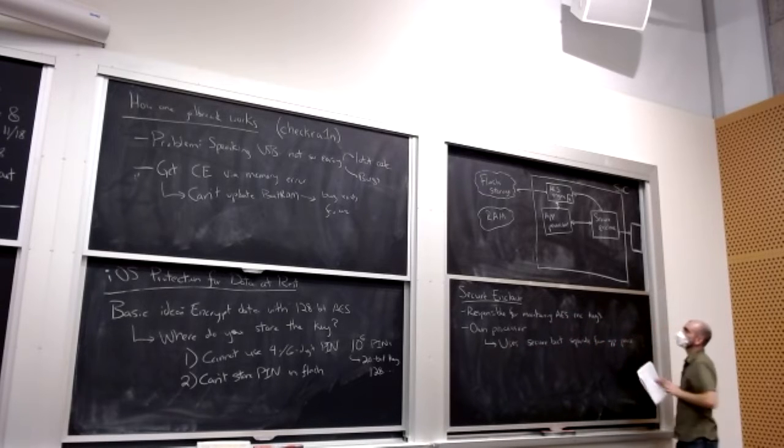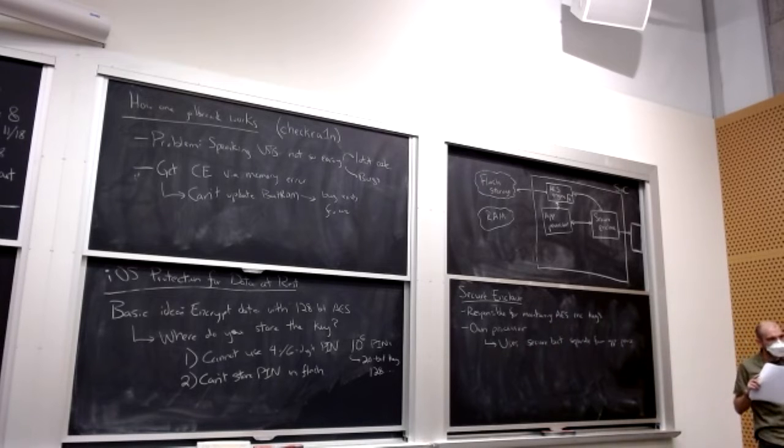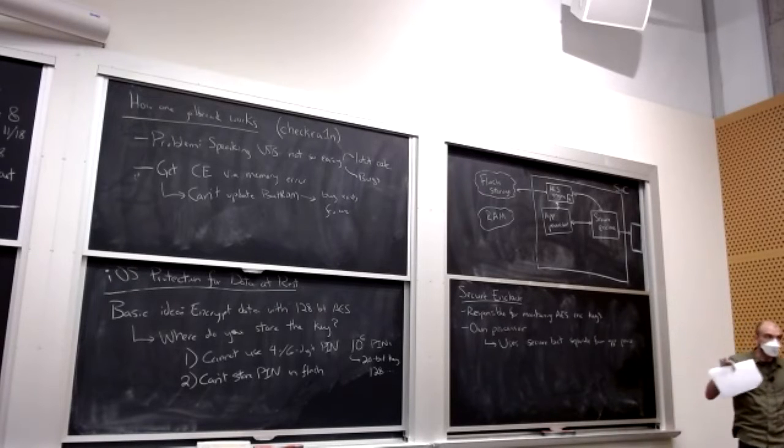So when your phone boots up, there are two instances of secure boot happening. One with the application processor booting into iOS, and one in the secure enclave booting into this thing called XecOS. And so there are two different boot ROMs in this phone, and these two processes happen almost independently.